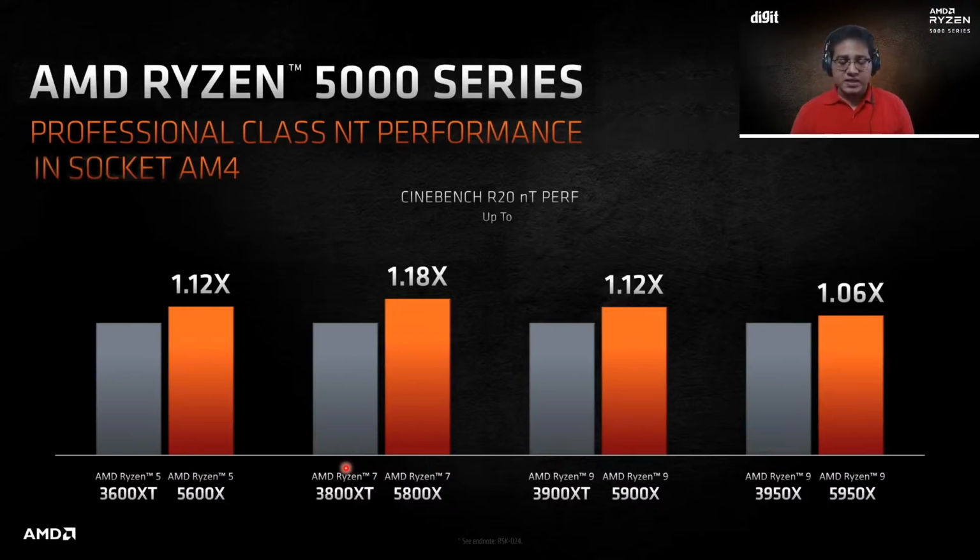So within 4 months, getting an 18% performance uplift is quite significant. This particular test was Cinebench R20, and this is a multi-threaded performance benchmark. A lot of reviewers, including us, use Cinebench R20 to highlight single-threaded as well as multi-threaded performance gains between processor generations.